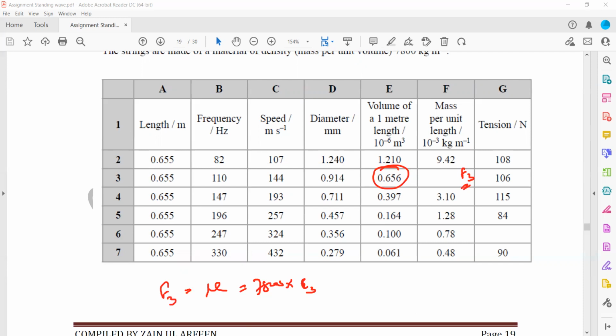When we multiply these two, what's the answer? Remember the value: it is 7,800 multiplied by 0.656 exponent minus 6. When you multiply, what's the answer?